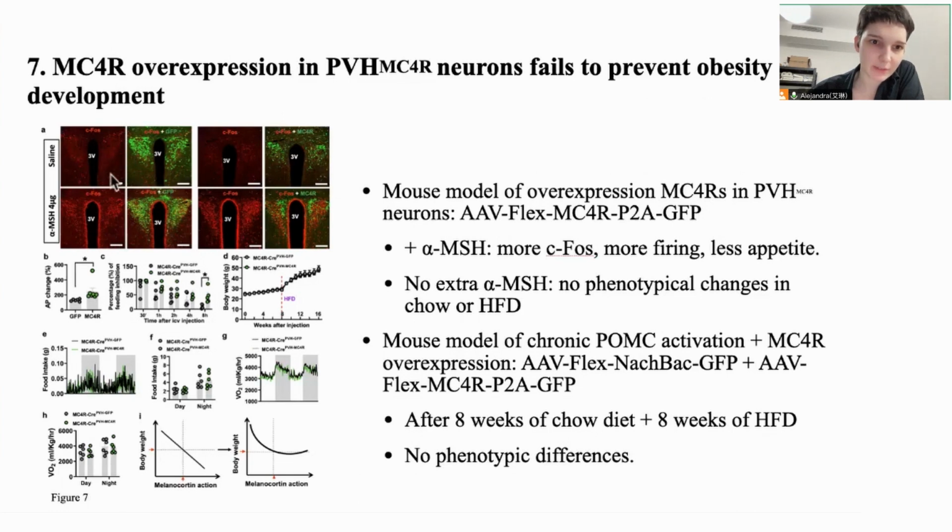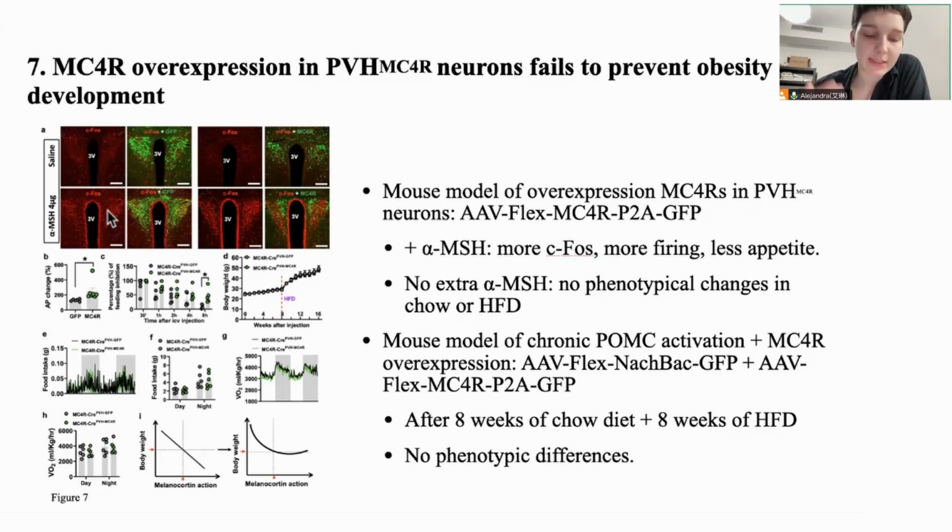It can be easily seen in here. Then they performed an alpha-MSH treatment, which means to supply alpha-MSH, and this also induced more c-Fos expression. When they performed electrophysiological recording experiments from brain slices, they found that alpha-MSH induced more firing on MC4R neurons.